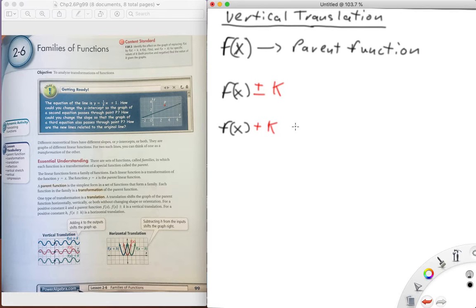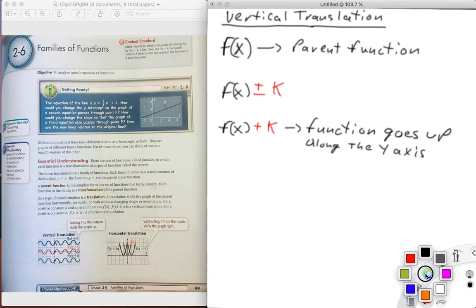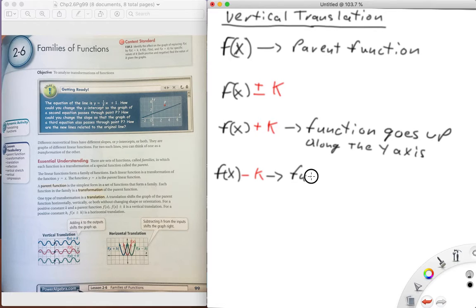The function goes up along the y-axis. When we talk about f of x minus k, the function goes down the y-axis.